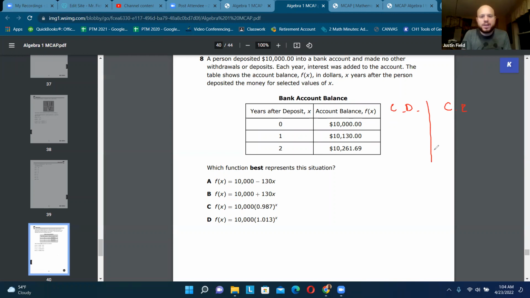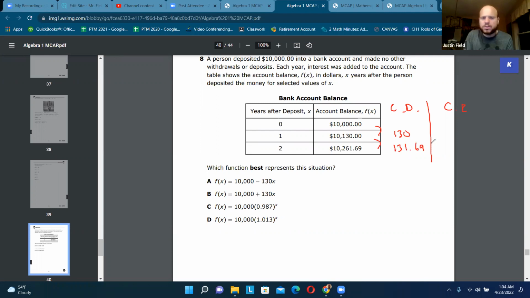So let's find the common difference and the common ratio, and we'll see which one. If I subtract 10,130, sorry, 10,130, if I subtract these two, 10,261.69 minus 10,130, 131.69.